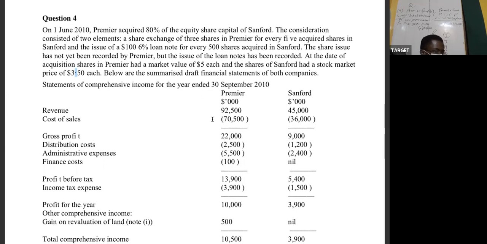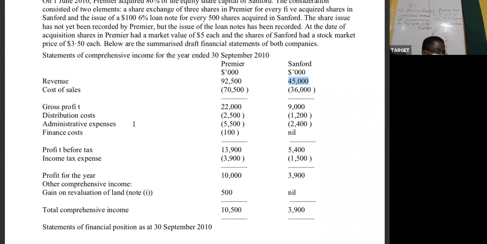Revenue: don't forget that if you are doing a 4-month consolidation, you take the entire revenue of the parent plus 4 out of 12 of the subsidiary, because the subsidiary came in 4 months to the year end. Our year started somewhere in October 2009. Good, so take note of this.